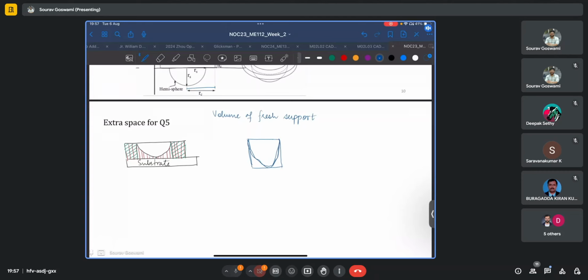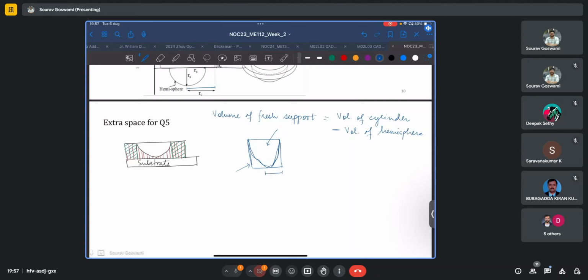And this is a hemisphere. Clearly my sketching is very bad. And what we have is a cylinder and a hemisphere. Let us try to calculate it. The dimensions are already given to us.